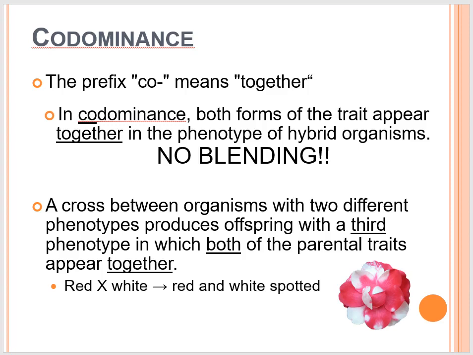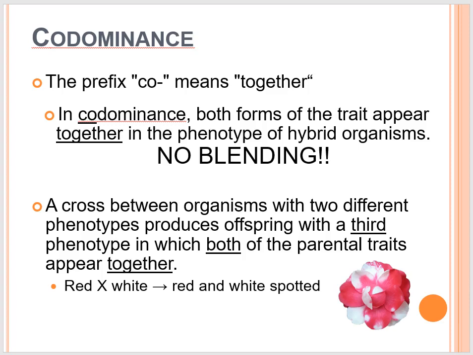You see this in animals. Anybody know what a Dalmatian is? A Dalmatian dog? They're black and white spotted. It's because of codominance. The black and the white trait or allele in their hair color, neither one wants to give up dominance, so you see both.